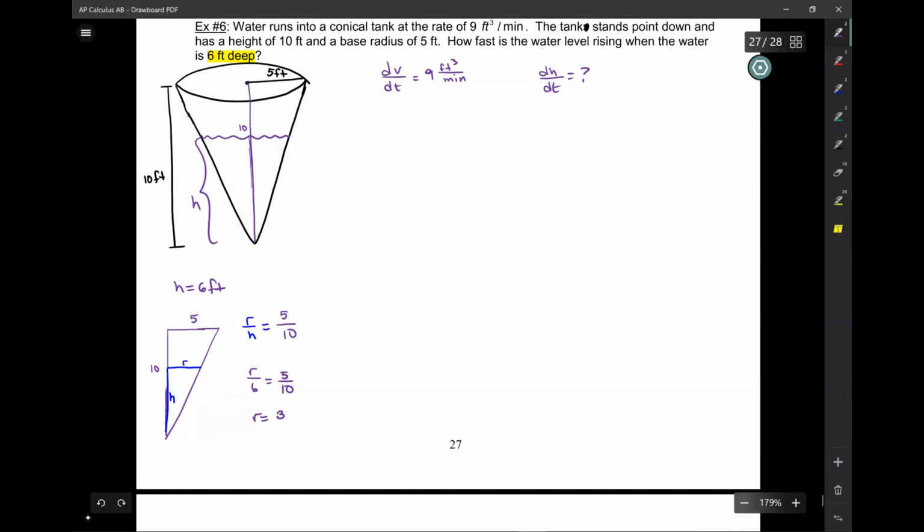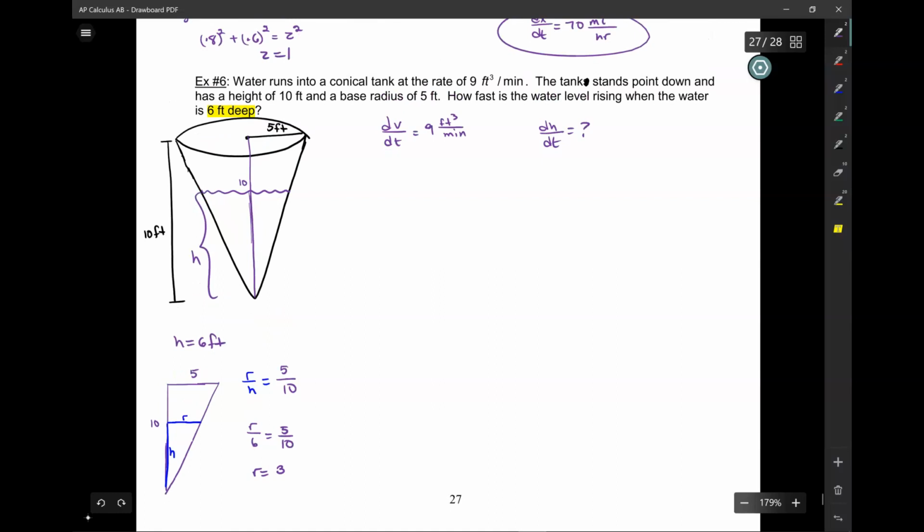So we have volume and we have H. So we have to write an expression that relates volume to height, right? So volume is 1 over 3 pi r squared H, right?